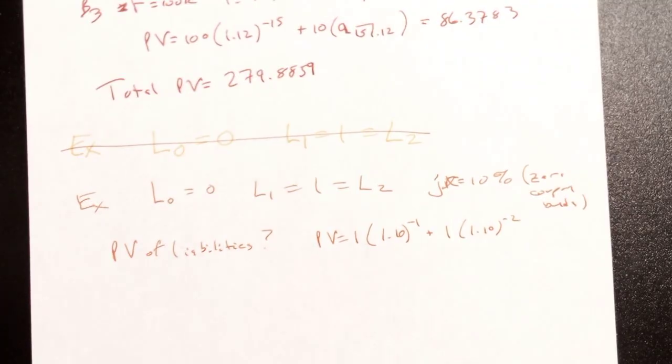At 10%, the present value is 1.1 to the negative 1. I have a liability of 1 due in 2 years. Present value is 1.1 to the negative 2. Total present value.